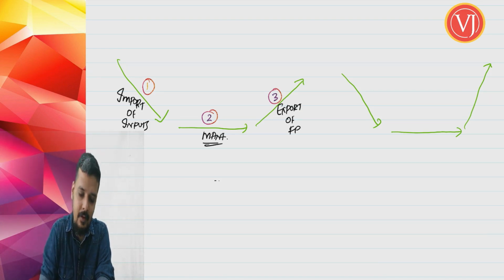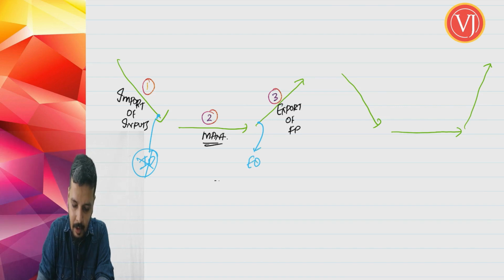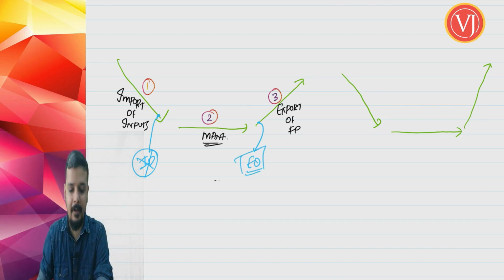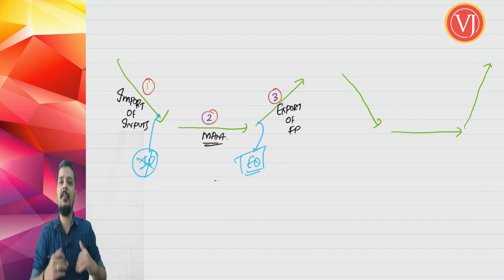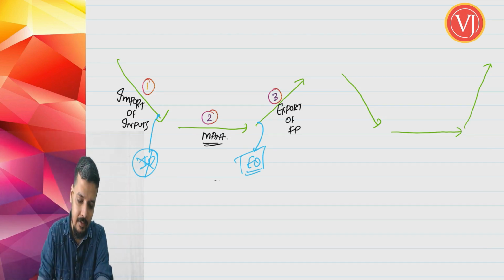This is the sequence. And when you are importing the inputs, you are not paying import duty, with a promise or an obligation that you are going to have export obligation.